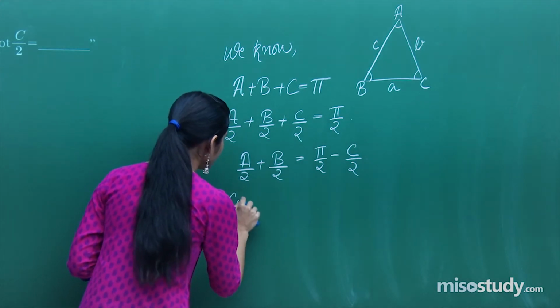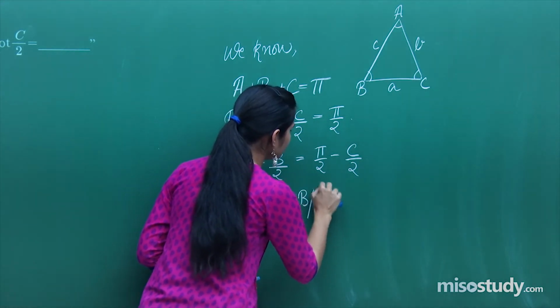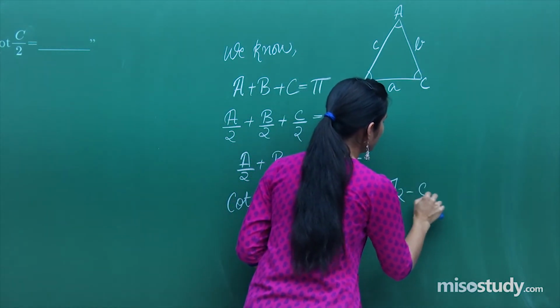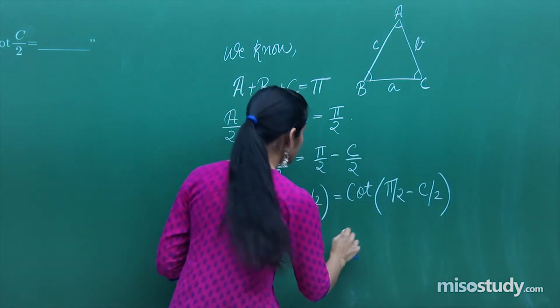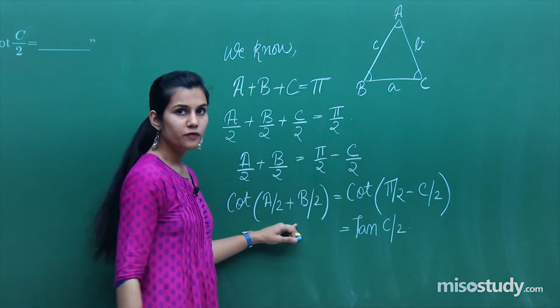Therefore, cot of A by 2 plus B by 2 will be cot of pi by 2 minus C by 2. Cot of 90 minus theta is tan theta. And what is cot of A plus B?